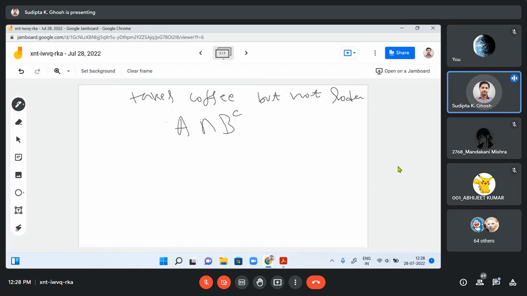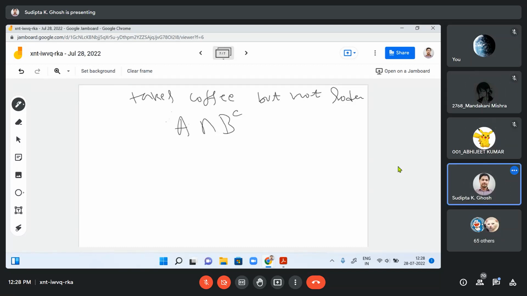But if I give B complement, that is the reverse case, the other case that is not in B. So not in B means the person is not taking the soda. So if I write A intersection B complement, that is the meaning: the person is taking coffee but not soda. Similarly, if I write B intersection A complement, what is the meaning?